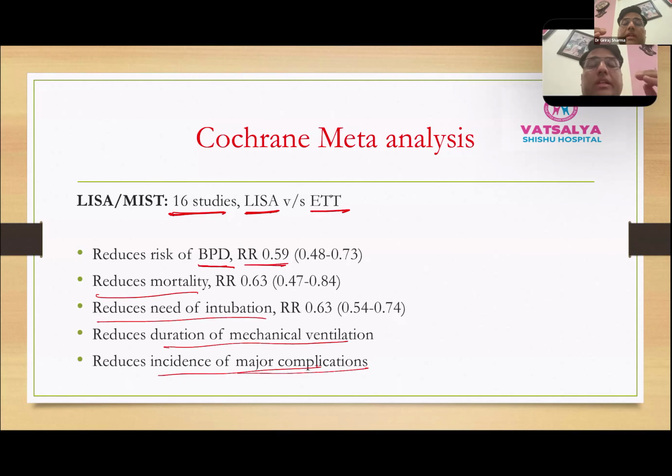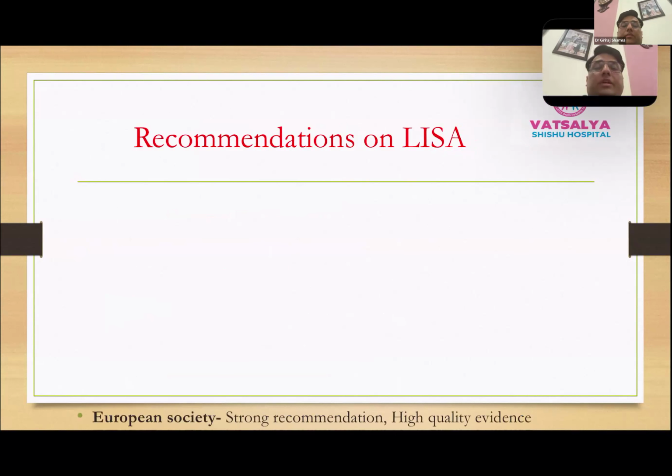So many benefits are there according to the Cochrane meta-analysis. So in preterm babies, LISA or MIST method is the best evidence-based method. We should practice this in extreme preterm babies.